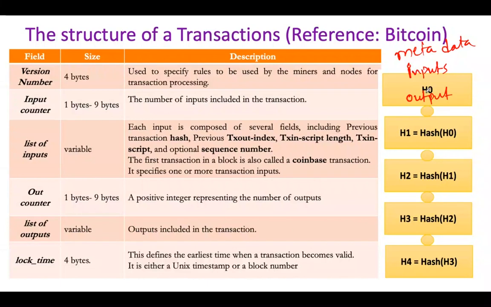This is what the transaction structure looks like. So what is there in the metadata of your transaction structure? The metadata, this part of the transaction, contains some values such as the size of your transaction, the number of inputs and outputs, the hash of the transaction, and the lock time field.